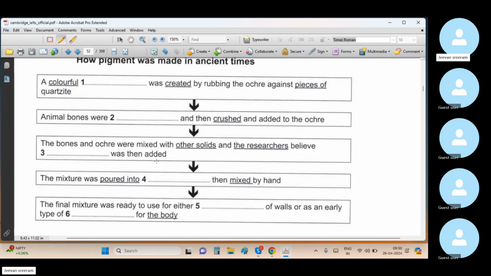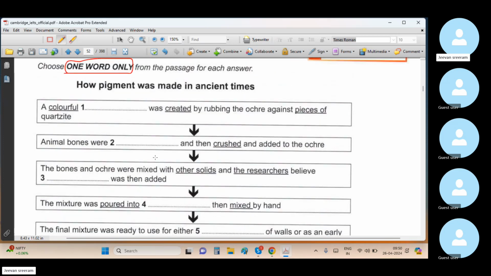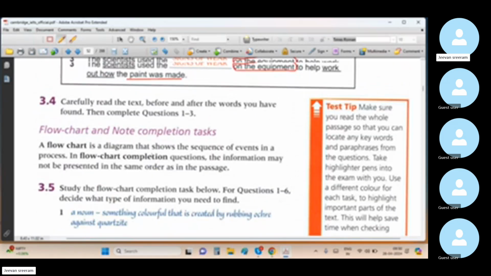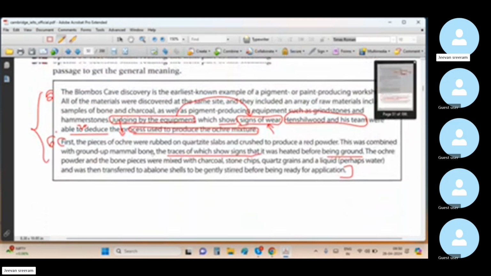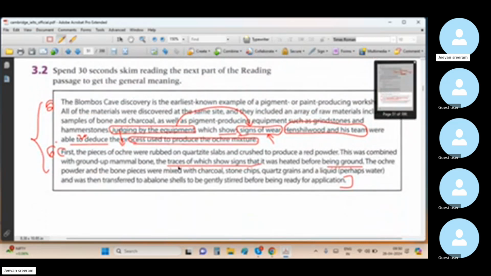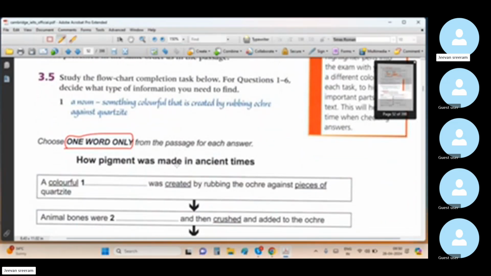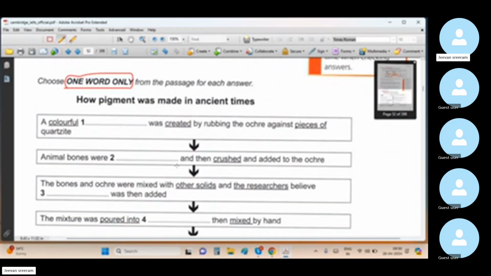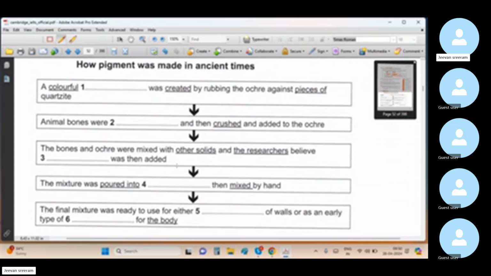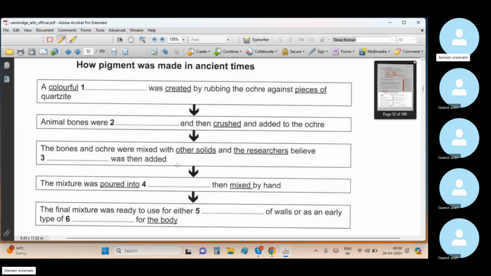Out of 6 questions, 4 questions can be answered making use of the very next paragraph, this 6th paragraph, right? So the last 2 questions can be answered just by recollecting what you have learned from the previous paragraphs. Please try them. You should be able to write a single word for each blank. Please remember.